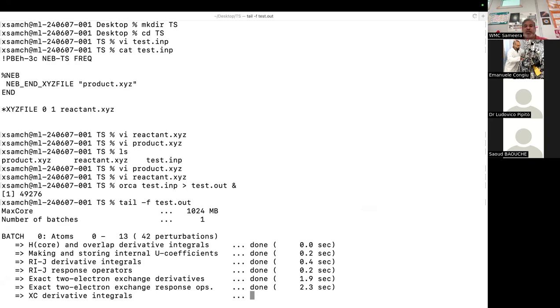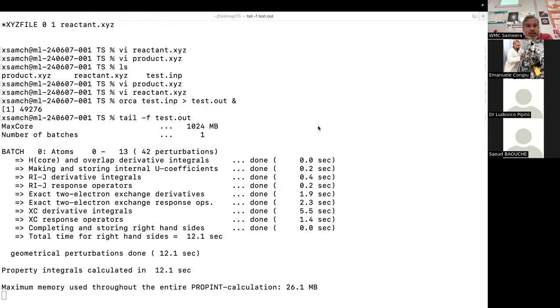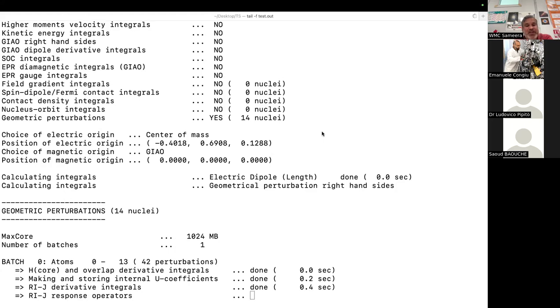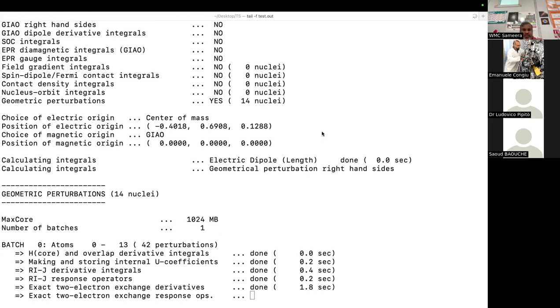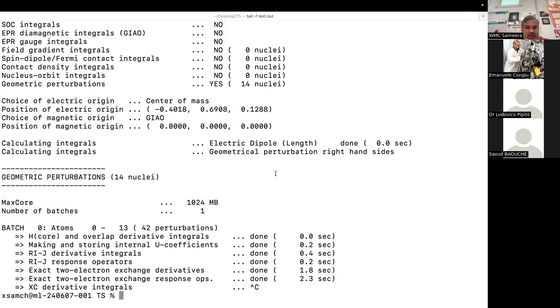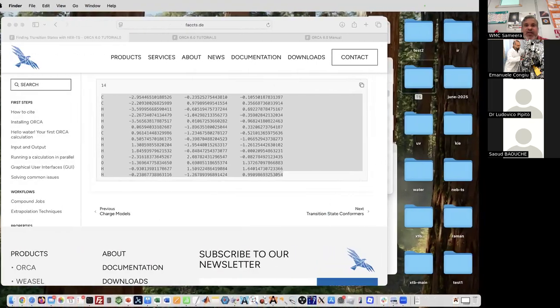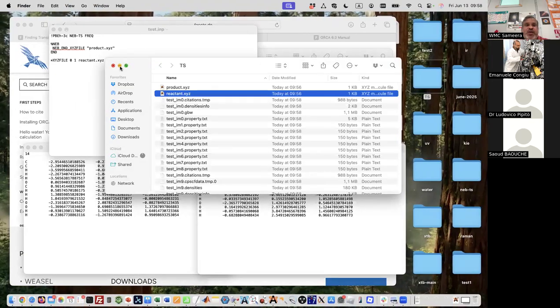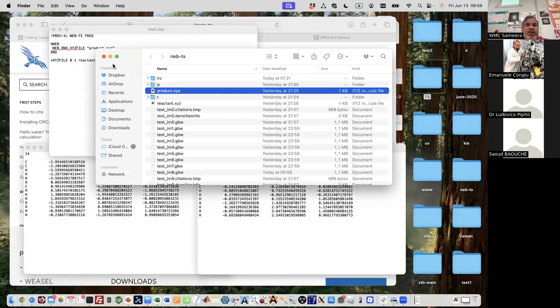This calculation will take a while actually. If you run this calculation, maybe it will take half an hour, or it may be 1 hour, 2 hours, depending on your computer speed. Anyway, let's not worry about it, so allow it to go. I have done this calculation yesterday, and I will go through the outcome.